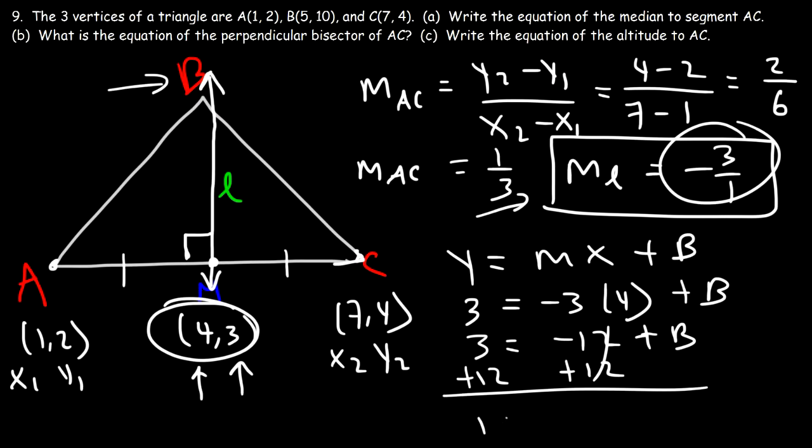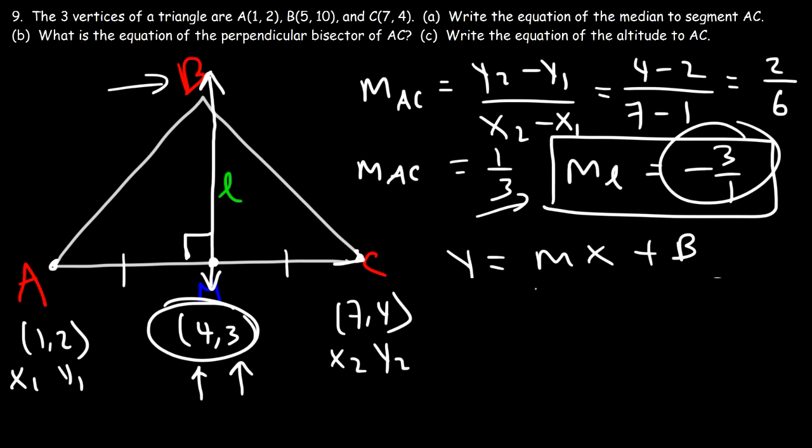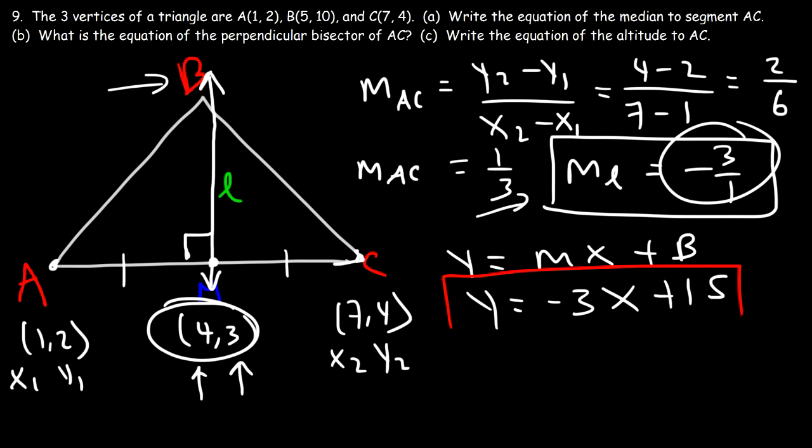So 3 plus 12 is 15. So the y-intercept is 15. Now that we have the value of b, we can write the equation. All we need to do is replace m and b. So y is equal to negative 3x plus 15. So this right here is the equation of the perpendicular bisector of AC.